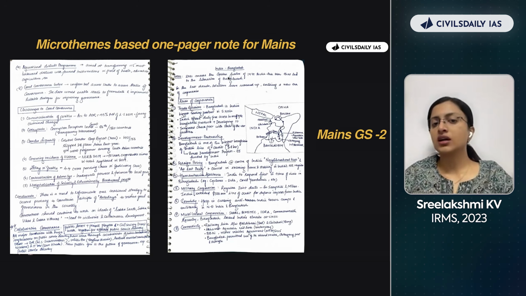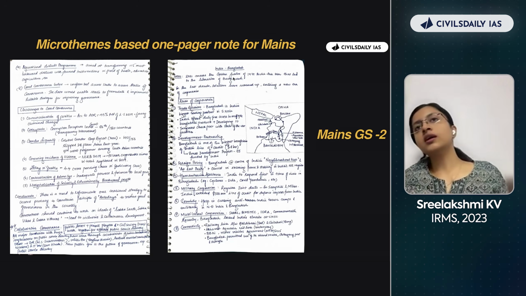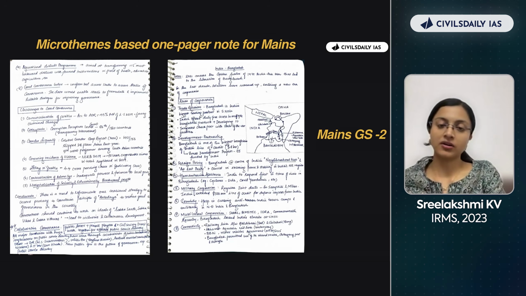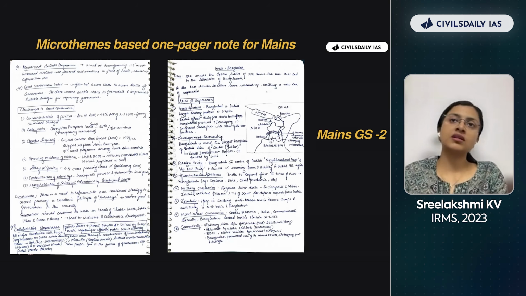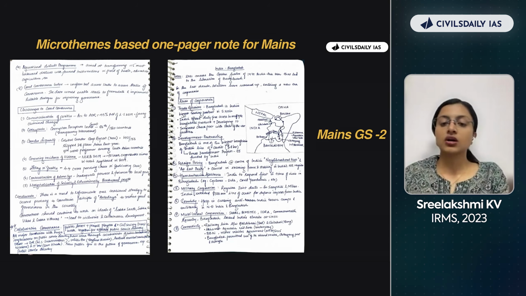Introduction, you can quote. Generally, IR is a very current affairs rich subject. You basically get 4 questions of IR, and those 4 questions are generally related to something in the news. For example, this was made in 2021.